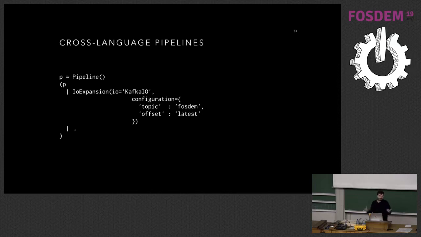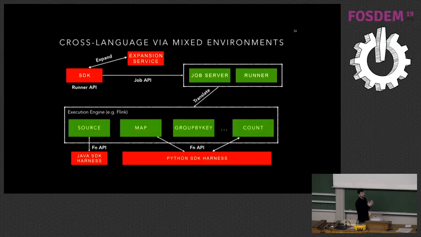It will be made a bit simpler, and you pass some configuration. And then, of course, Python doesn't understand this, but when we do the translation to the runner API, we actually have an expansion service, a Java expansion service, running if we want to. And so we take that stub, this placeholder, and expand it into a native Java Kafka transform.